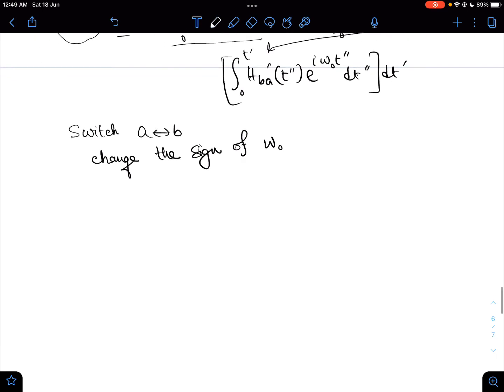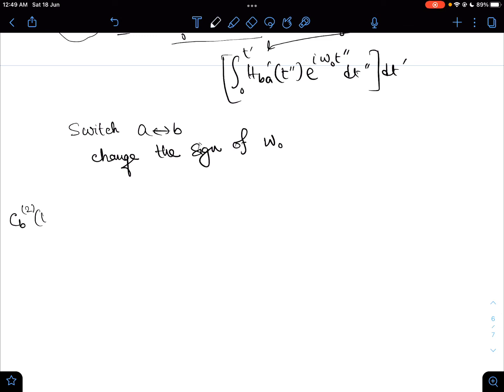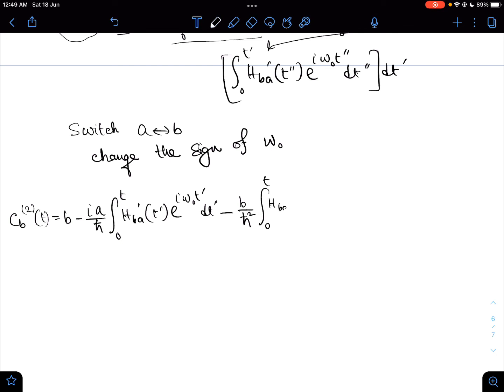If we do these two things, we end up with CB(t) equal to B minus i A by h cut integral 0 to t HBA prime(t prime) e to the power i omega 0 t prime dt prime, and our second order term is B by h cut squared integral 0 to t HBA prime(t prime) e to the power i omega 0 t prime, multiplied by another term, integral 0 to t prime HAB prime(t double prime) e to the power minus i omega 0 t double prime dt double prime, and here we have dt prime.